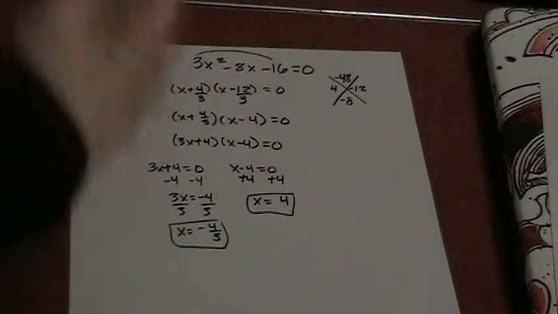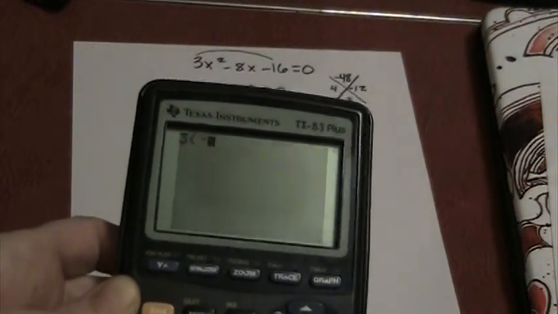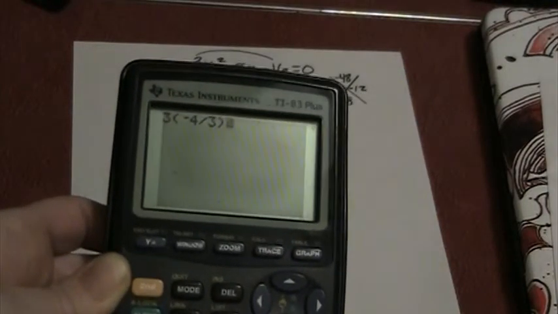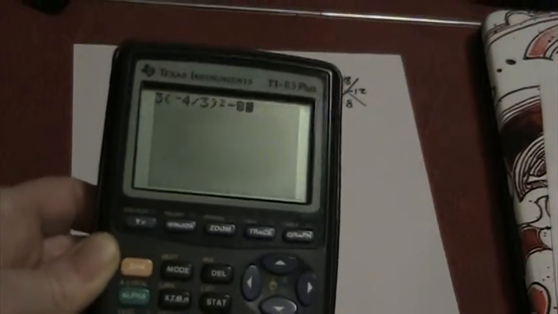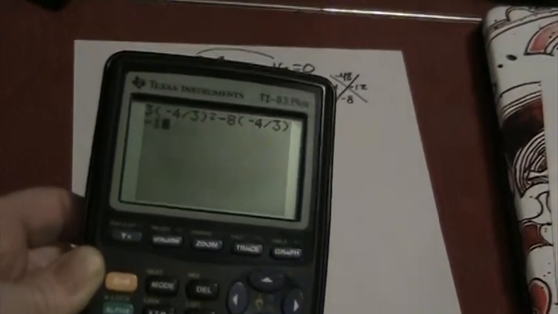So if I was doing negative 4/3 first, checking that, I would have 3 parentheses, negative 4/3, which is negative 4 divided by 3, squared, minus 8, and then negative 4 divided by 3 to replace the x, minus 16.